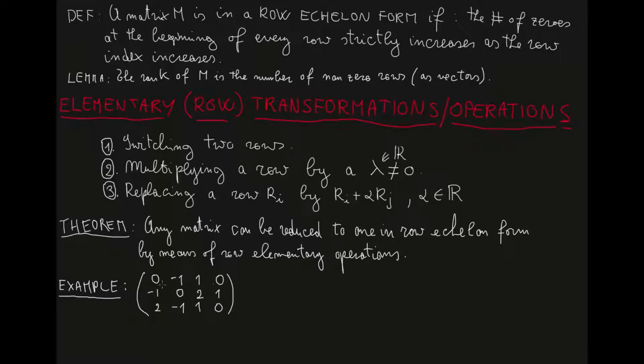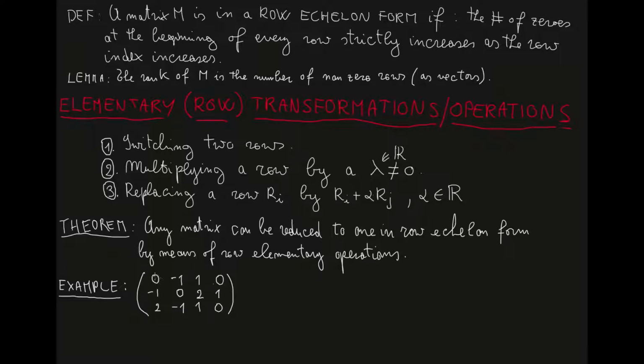And then the third operation involves replacing, in this case, the second row with a row obtained by taking the first row, multiplying it by a scalar, and then summing it up with the second row.